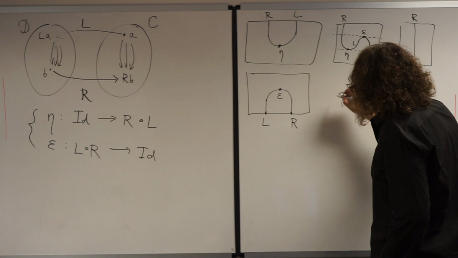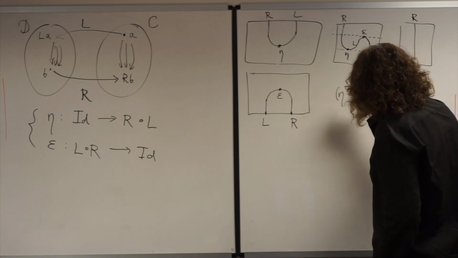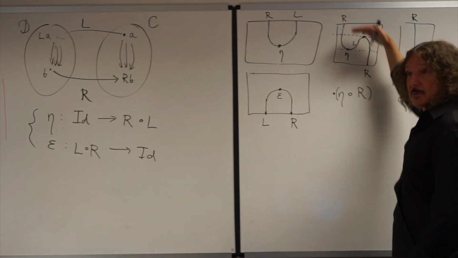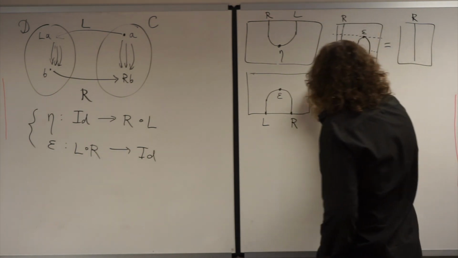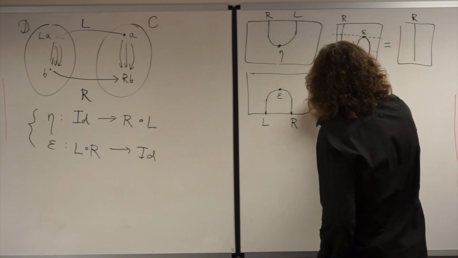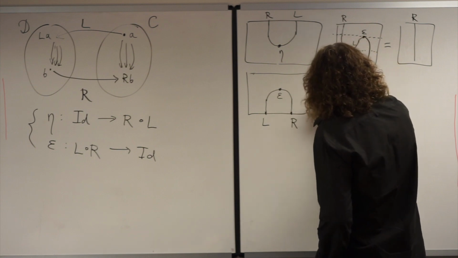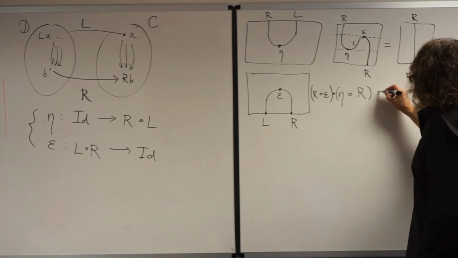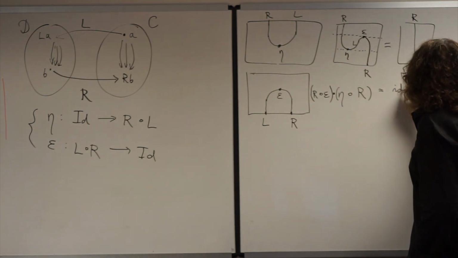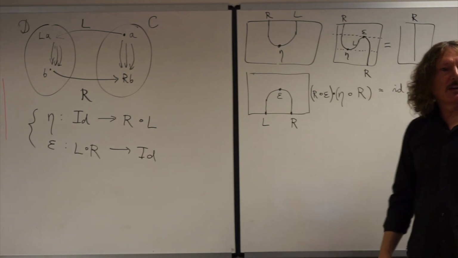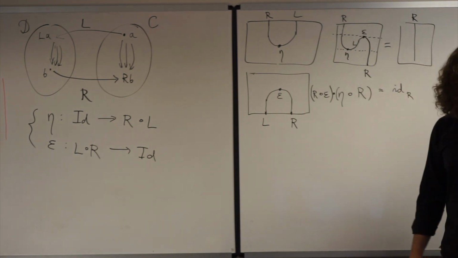So we are composing this natural transformation, but now it's vertical composition, right? We have gone vertically. So we are composing it vertically with this natural transformation, which is R composed horizontally with epsilon. And this is supposed to be identity at R. Okay? Identity natural transformation.